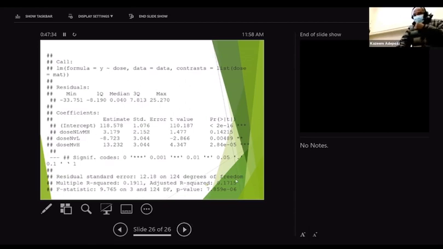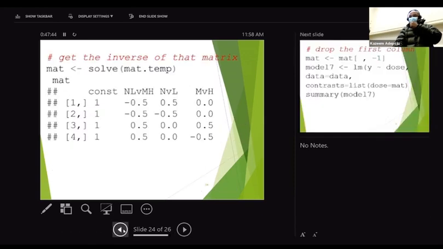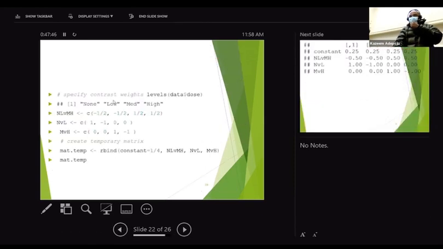Now, if you look at number one, the p-value is greater than 0.05 for this one. And what is the contrast? What is it testing? It's testing, is there a significant difference between none and low in one category, and medium and high in another category?